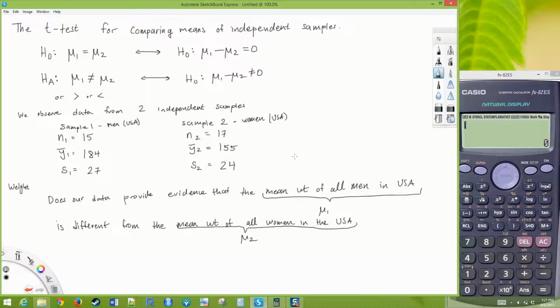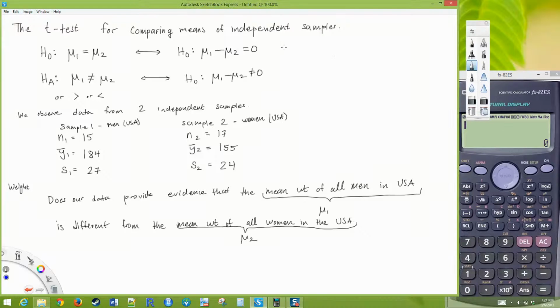Okay, so we have this, and let's just further explore what our null and alternative hypotheses say. I'm writing this here because I'm running out of space on my board, but you don't have to write it here, okay?